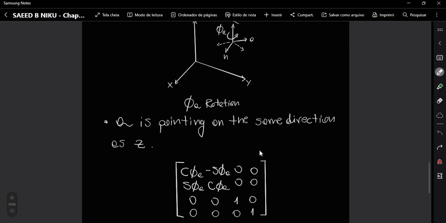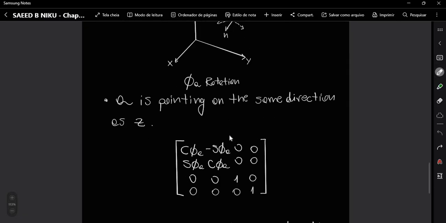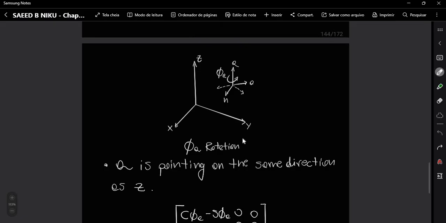For example, the a-axis of this reference frame is pointing in the same direction as z of this other coordinate system, or reference frame to be more correct. That is one reference frame, and this one is another reference frame.